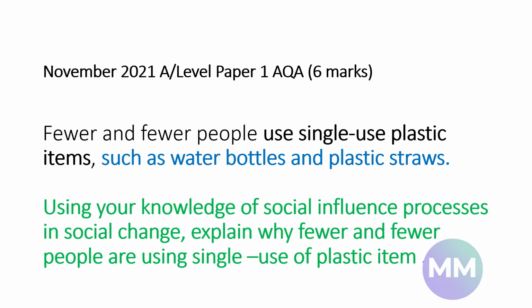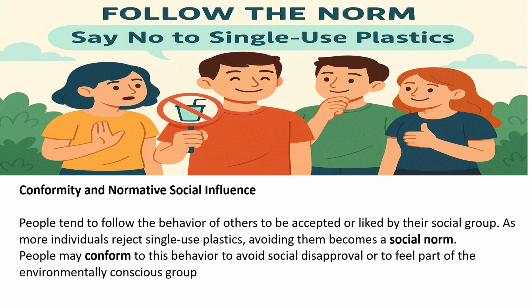Okay, so let's go to the answer. I have shown an image here. You can see students are thinking about whether they use the plastic cup or not, because they follow the norms, right? Say no to single use plastics, because they think, okay, it's harmful for the environment, so we can't use it.